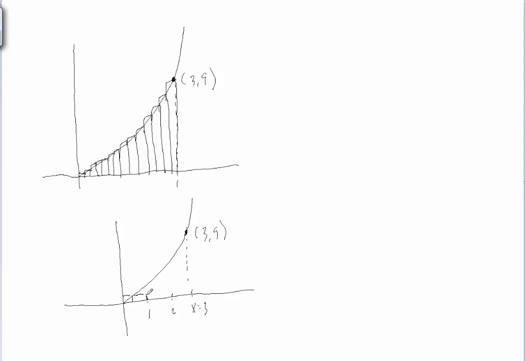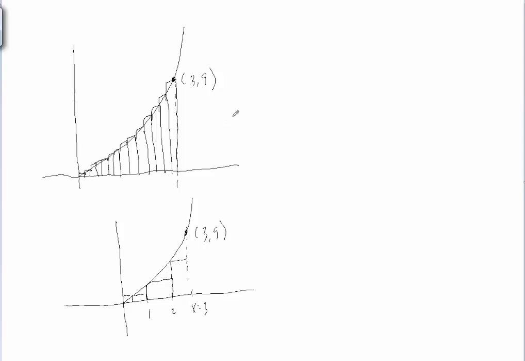Make one here, make one here, make one here. All right, so we've got these little rectangles. We're missing some space, but we're only doing an approximation, so it doesn't really matter that much.